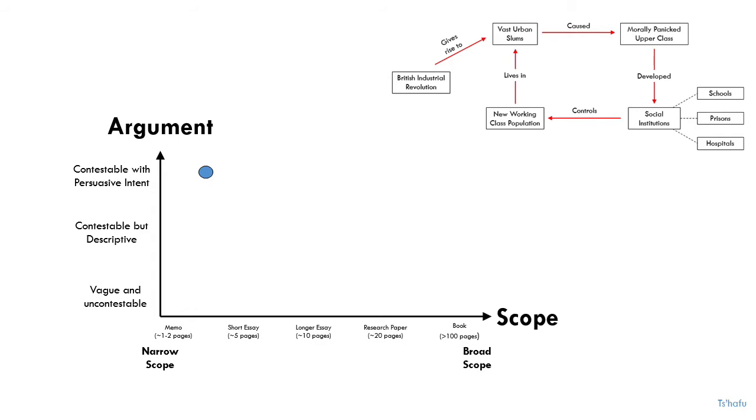Instead, where it should be is way over to the right, way over here. In other words, to do this thesis justice, you really have to do it in the context of a book. That is how many pages you will need to really thoroughly prove all of these objects and relationships.